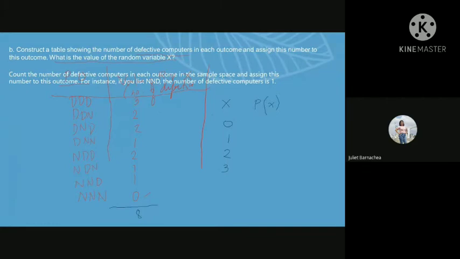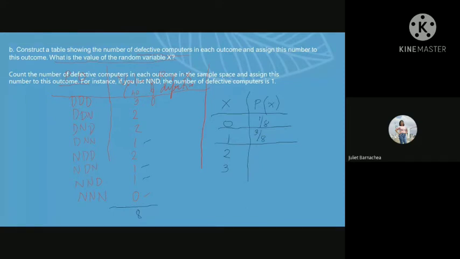Bibilangin mo ngayon kung ilan ang 0 sa nakuha natin. Ilan ang 0 dito? Isa. So, the probability of getting 0 is 1 over 8. Next. Ilan ang 1 dito? Isa, dalawa, tatlo. So, yung probability of event ay probability ng outcomes 3 over the total number of outcomes, 8.